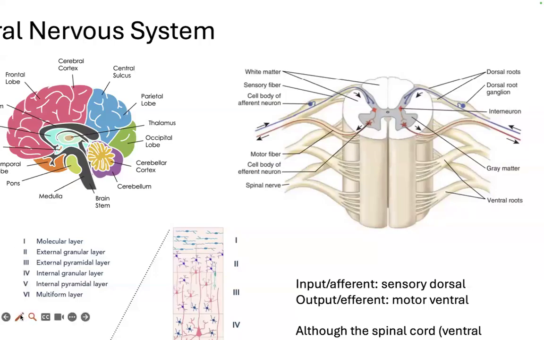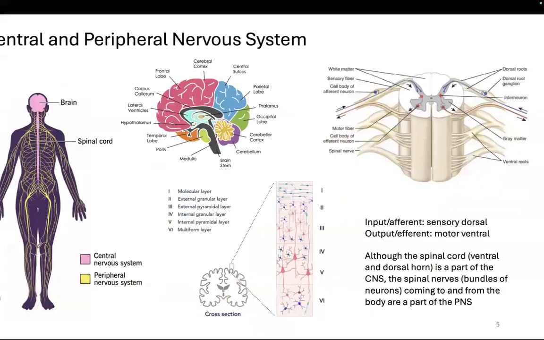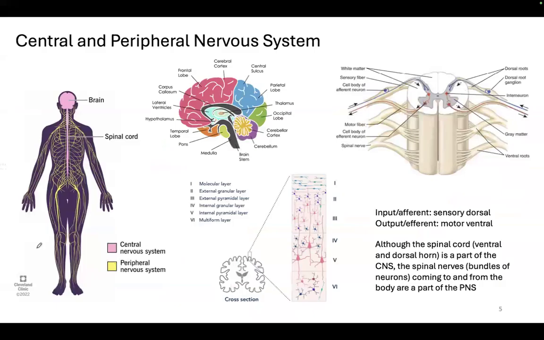So let me just draw this out. This is sort of what your neuron looks like. Terrible drawing. But if this is the central part, this is the axon, these are all the dendrites, so on, the cell body, all the dendrites.